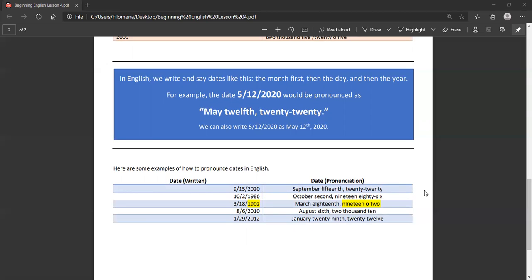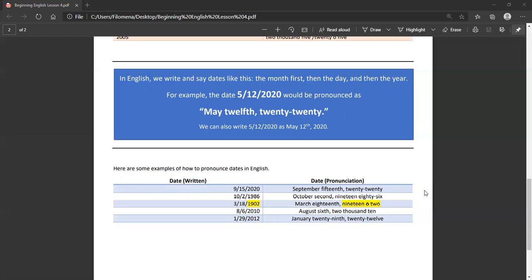Well, the 10th month is October. So October 2nd, 1986. 3/18/1902. The 3rd month is March. So I would say March 18th, nineteen oh two. Right, and that's really the only way you could say that.